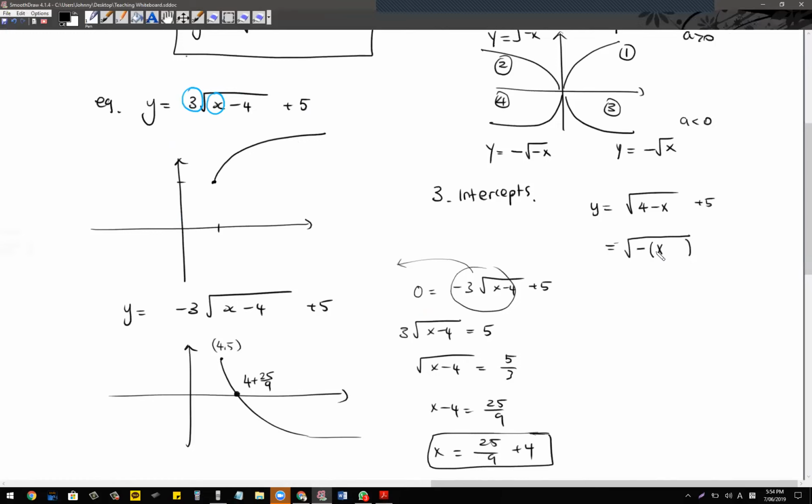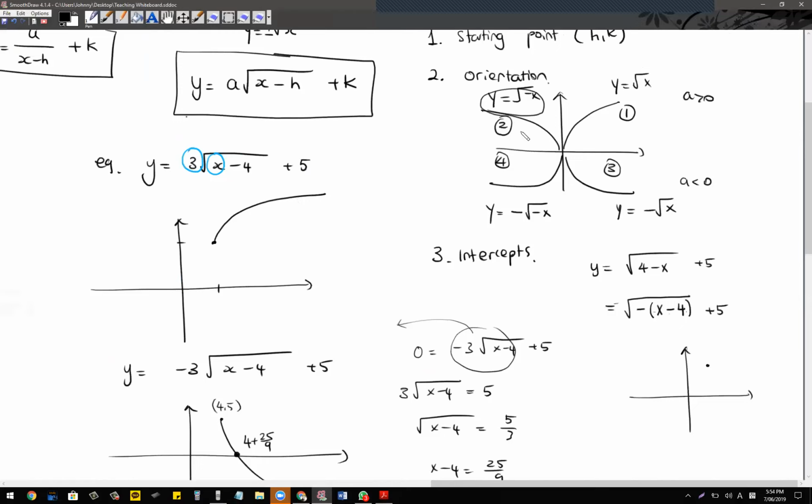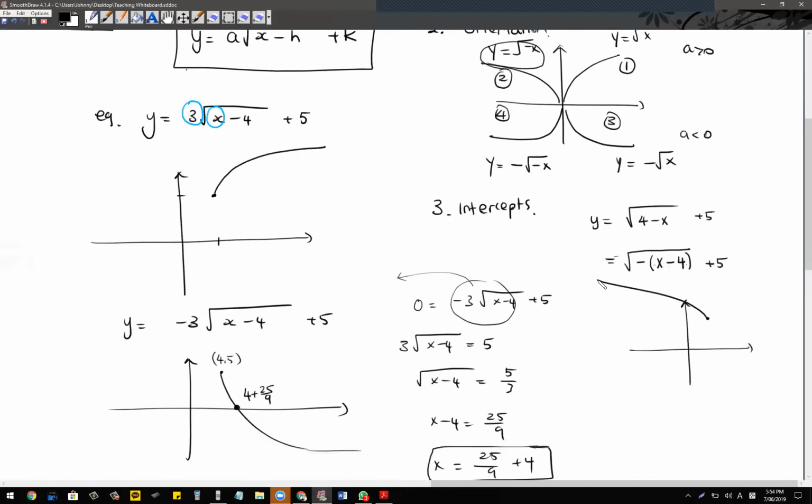Negative x is negative x here, and because it's 4, you must have another negative sign and then 4, because negative 4 is positive 4. So because it's x minus 4, we know that it starts from (4, 5) again. Because it's negative inside the root, it's going to go in the other direction, like this.